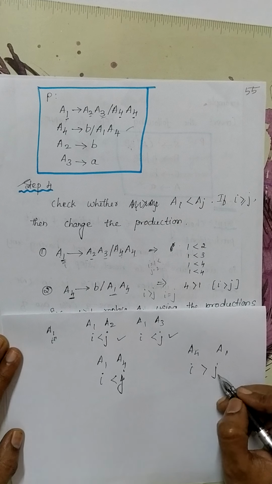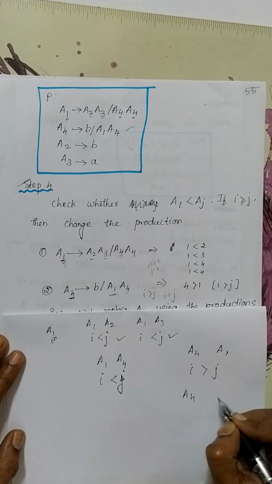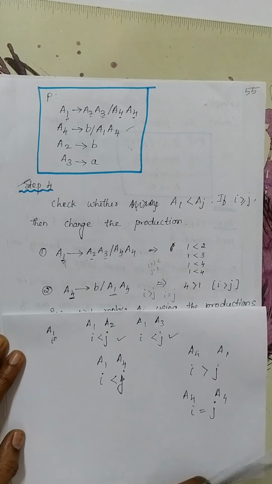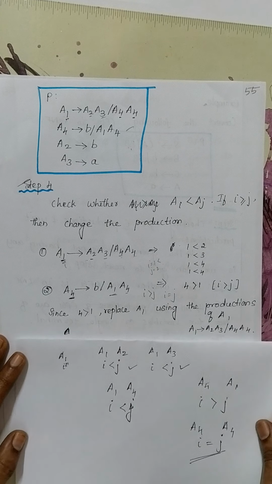So we have to change the production. Then here we can see A4, A4, so i equals j. This one also we are going to change, because left recursion occurs here. So we are going to change the production also. Okay, so here you can see.